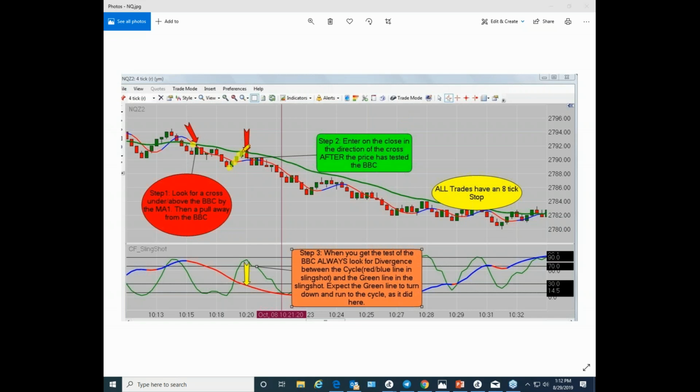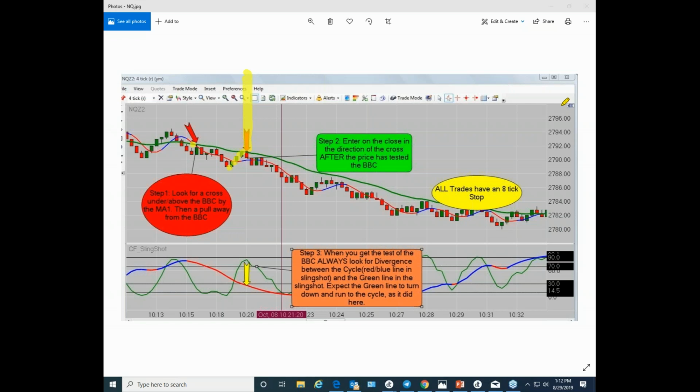That's what we're looking for the market to do. We're looking for the market to touch the green line, do the normal thing, and then close in the direction of the trend. That is highlighted by this red arrow. They close in the direction of the trend. Okay, there is step number two.